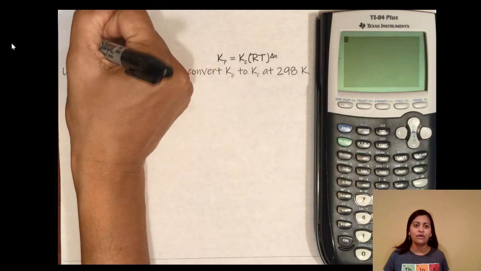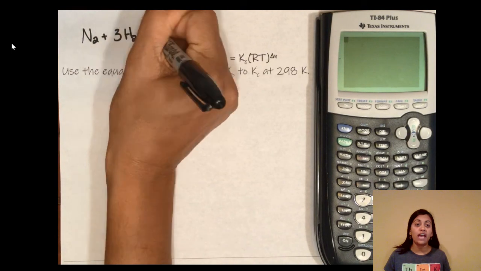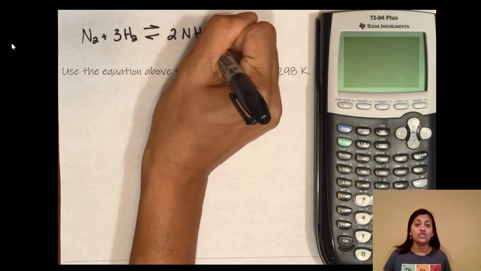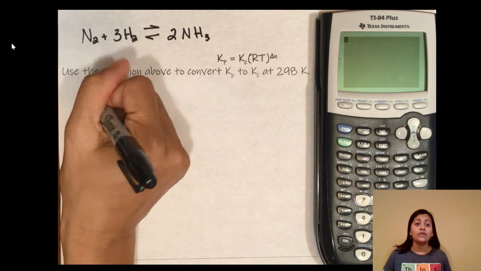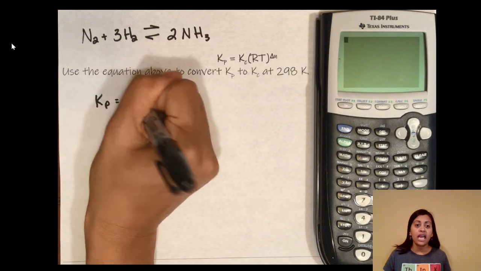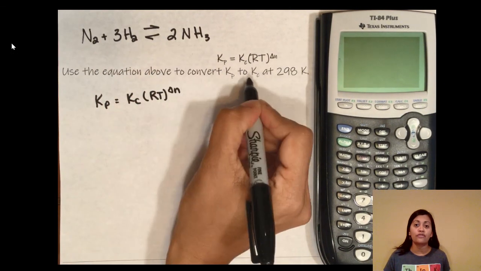All right, as we go through, we're going to write down our equation just to remind you. We have N2 plus 3H2 at equilibrium with 2NH3. So we found earlier the Kp value. Now we're going to solve for Kc.